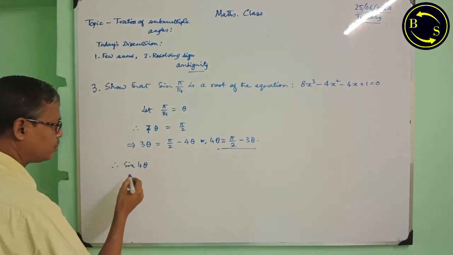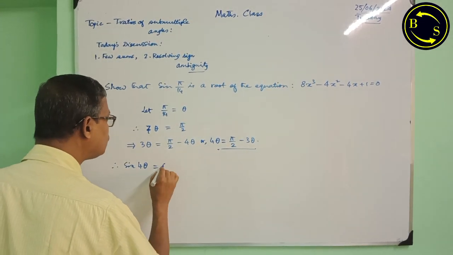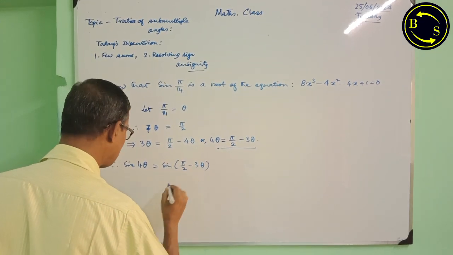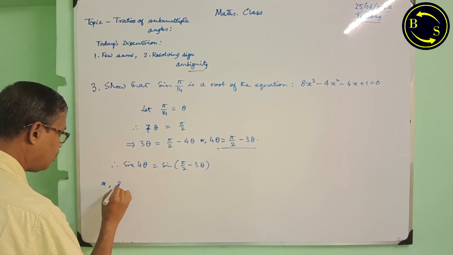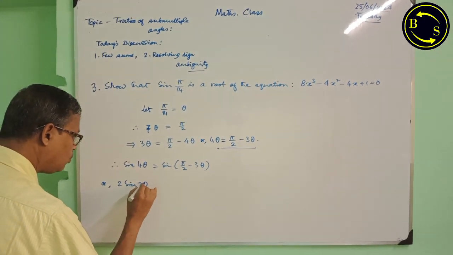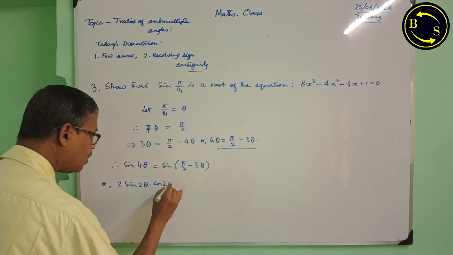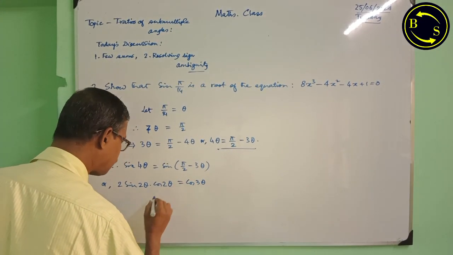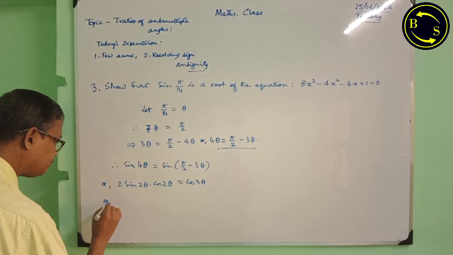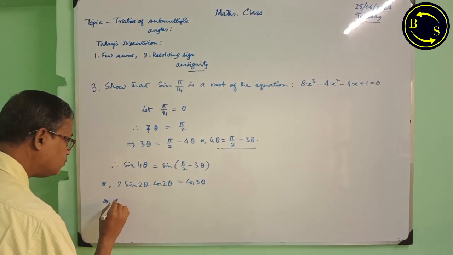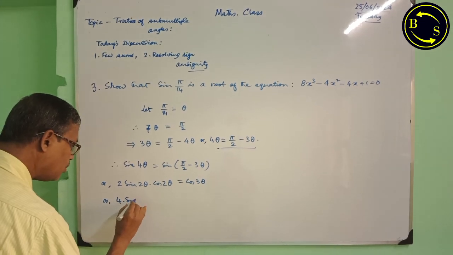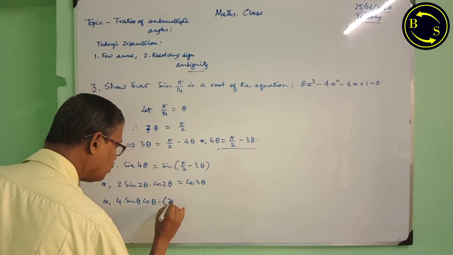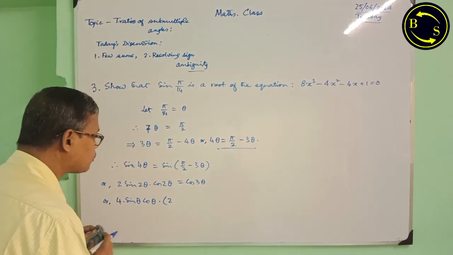Sine 4 theta is equal to sine of pi by 2 minus 3 theta, or 2 sine 2 theta into cos 2 theta is equal to cos 3 theta, or 4 sine theta cos theta into 1 minus 2 sine square theta.